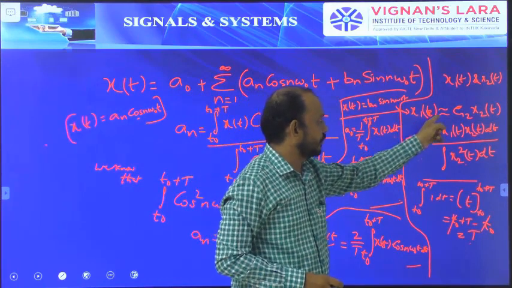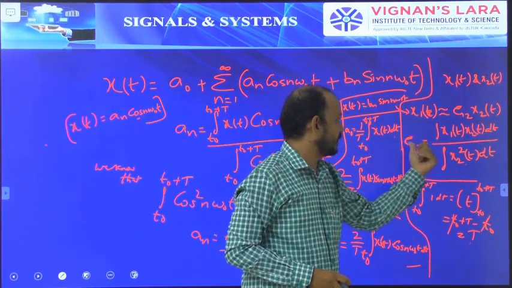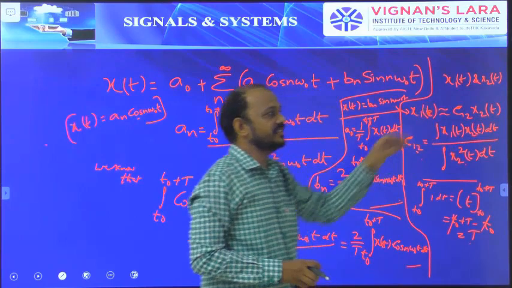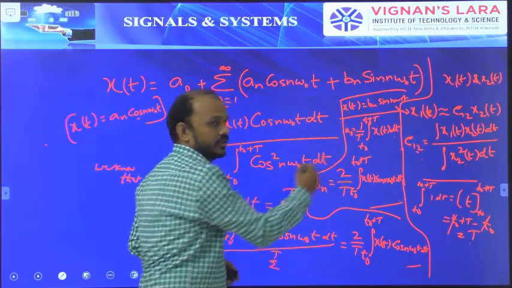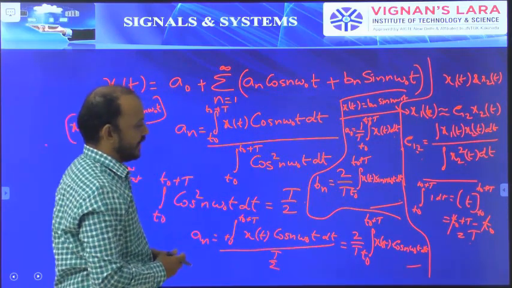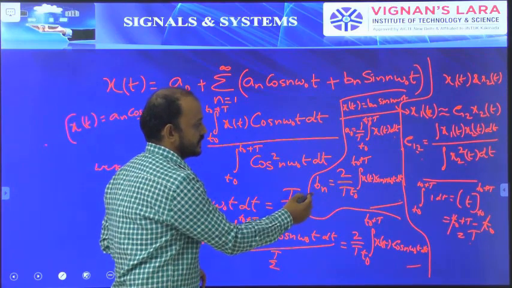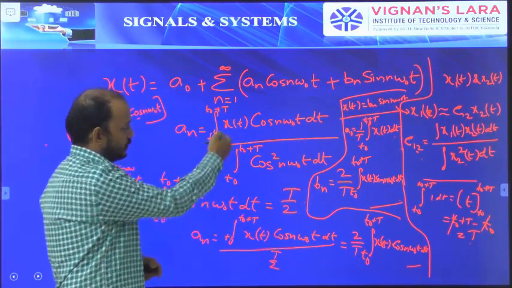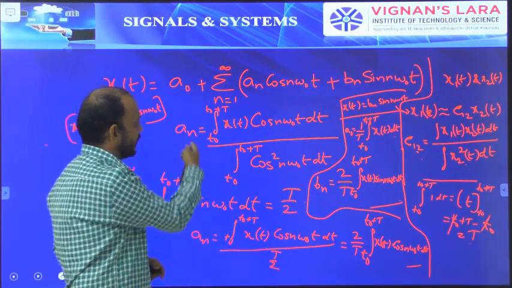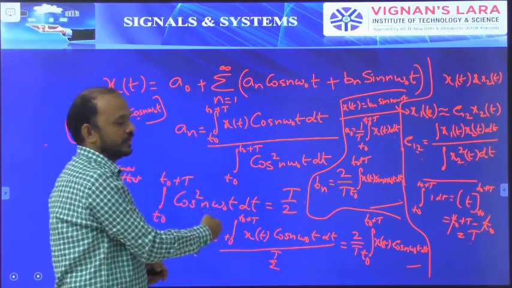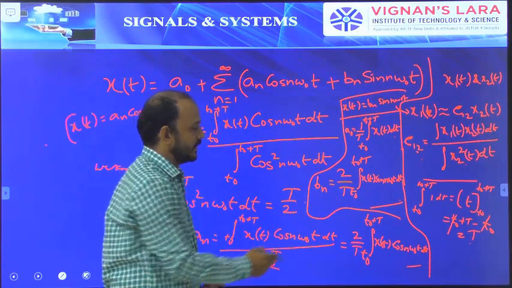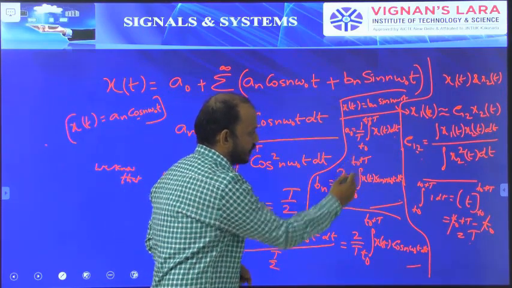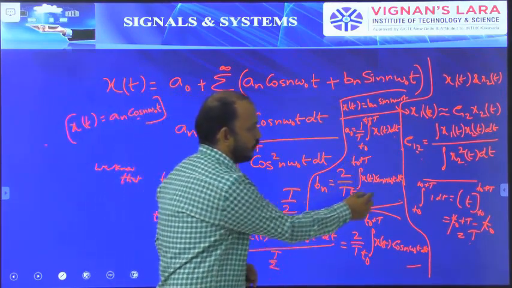I explained that x1(t) is approximately equal to C12 times x2(t), and C12 value is this one. By using this I directly found the value of a0 in the first one, then the value of an, and after that you have to do bn. I explained everything. So do the same as I did for an, and then you get the value of bn as 2 by T times the integral from t0 to t0 plus T of x(t) sin n omega naught t dt.